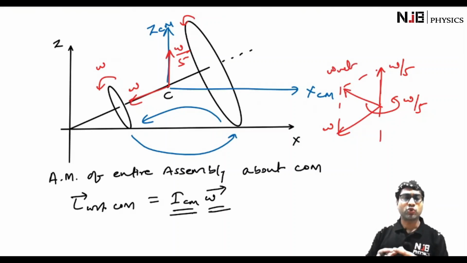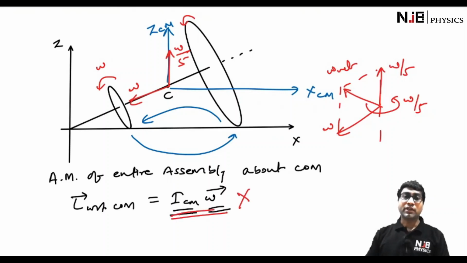Even alternatively, you can visualize that this is the omega net vector of the entire assembly at this particular moment. And definitely this omega net vector is not going to remain constant with respect to its direction. This omega net is going to rotate about the z-axis, and therefore in this situation you just memorize that this particular relation, angular momentum with respect to center of mass equal to I_CM omega, cannot be used.